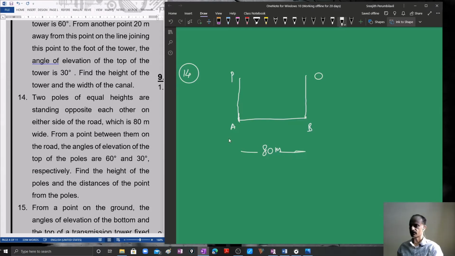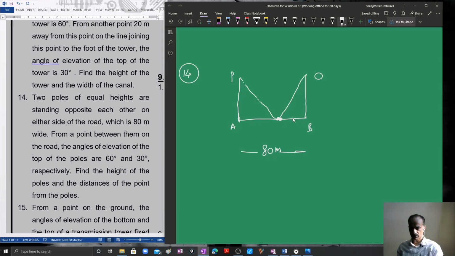From a point in between them, the angle of elevations of the top of the poles are 60 and 30. Which one is 60? When you move towards an object, you have to raise your head high, so the closer you come, the larger the angle.